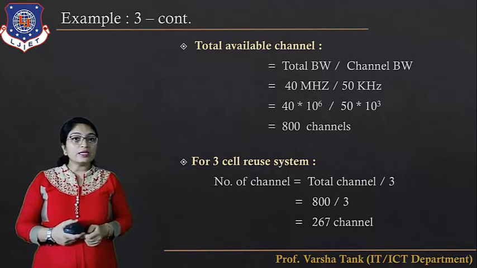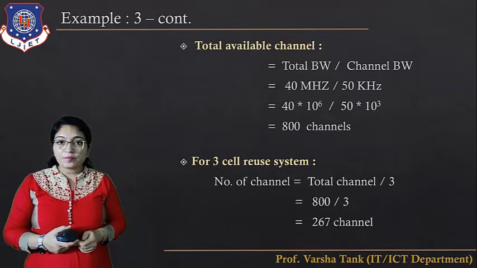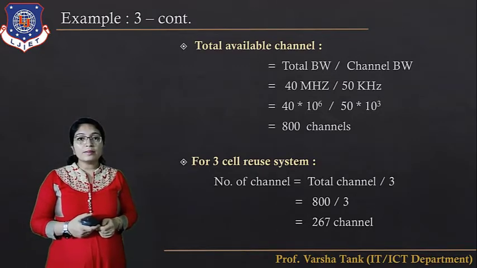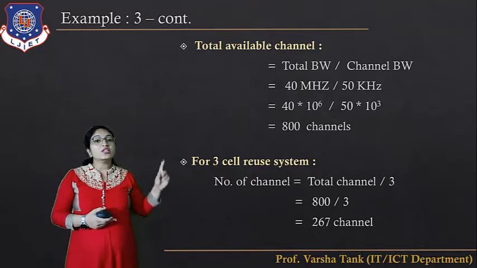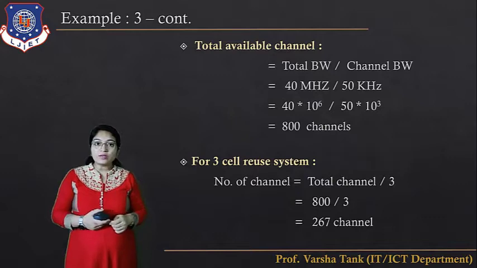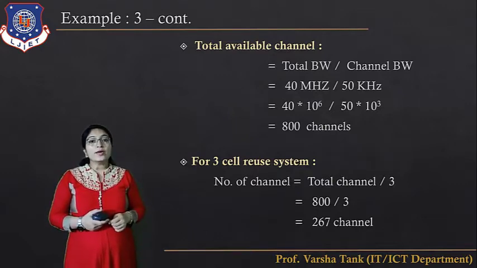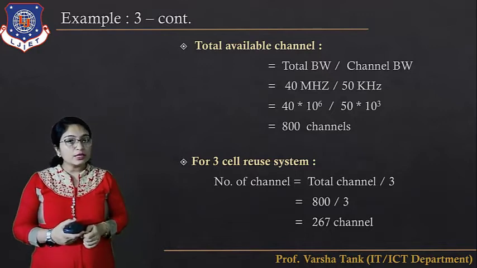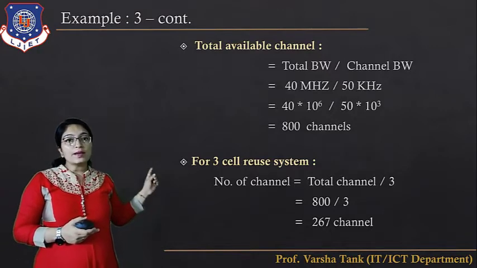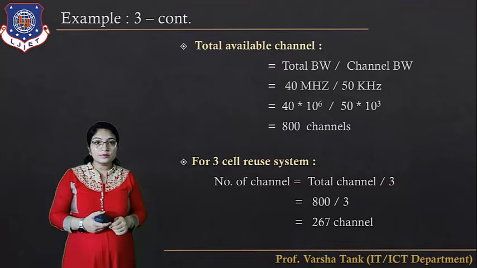Now let's find the total available channels. Total bandwidth is given to you, that is 40 megahertz, and the channel bandwidth that we have recently found out is 50 kilohertz. Now you divide the total bandwidth by the channel bandwidth. So 40 megahertz divided by 50 kilohertz.